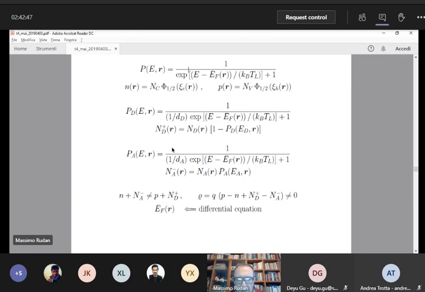Another idea may come from the observation that the non-uniform case produces a non-uniform charge density, okay? And an electric field inside the semiconductor.